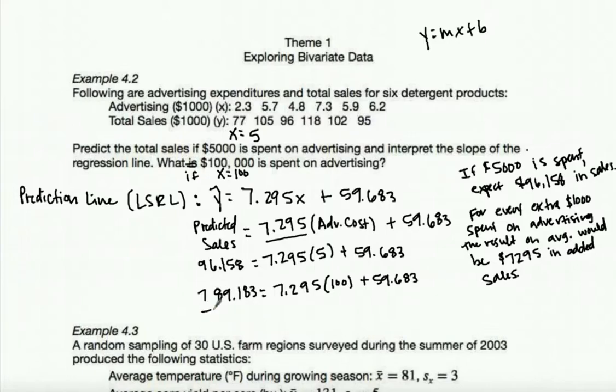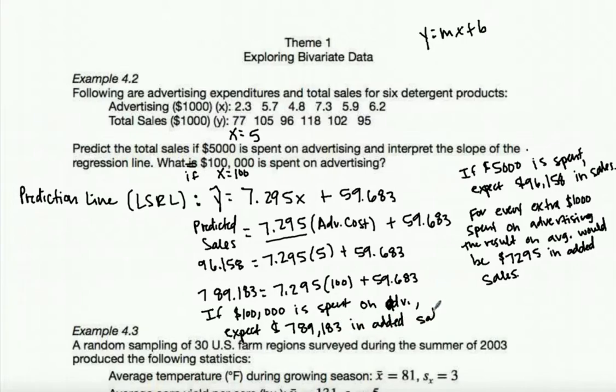And so if $100,000 is spent on advertising, you can expect $789,183 in added sales.